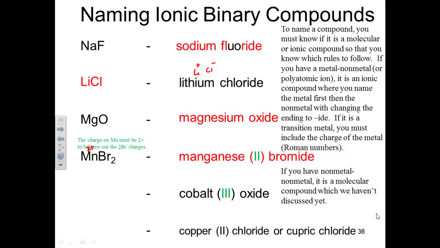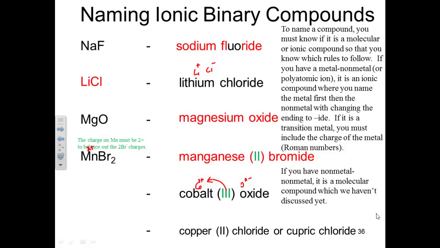Cobalt(III) oxide. This is written in words, so this cobalt 3 is telling me the charge of cobalt. So that's telling me that I have a cobalt 3+ charge. And we know that oxide is oxygen with a 2-.